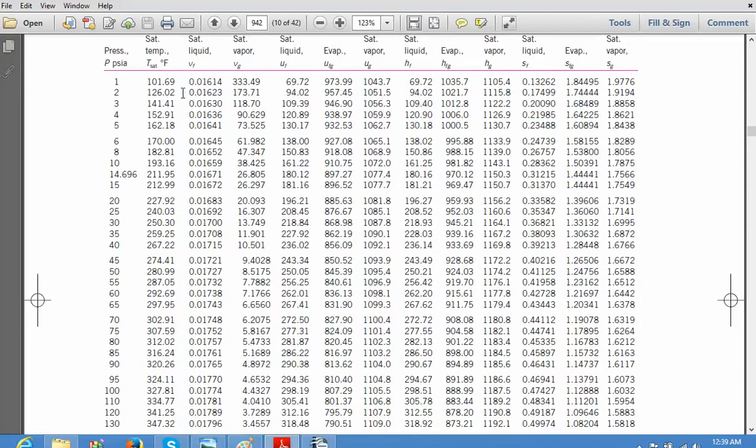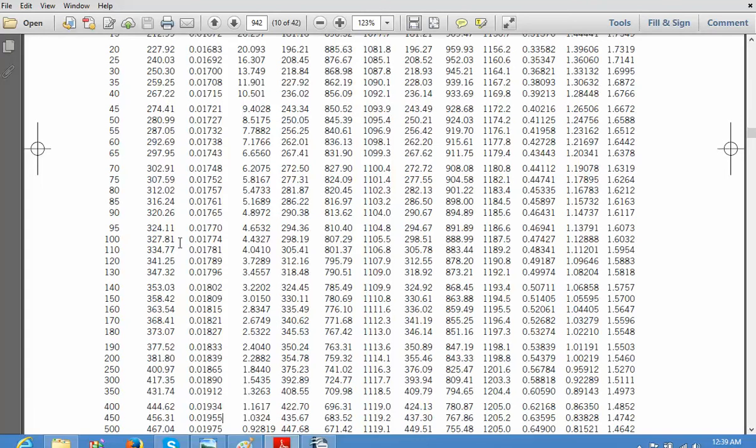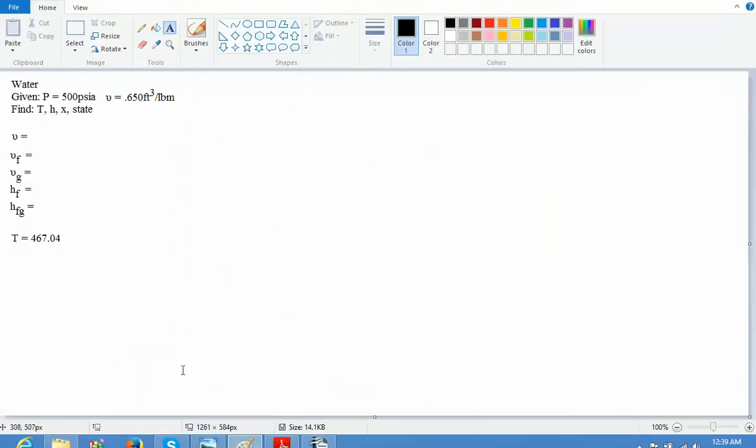Saturated liquid is here in the third column, saturated vapor in this fourth column. We go down to 500, which is right here. So this is Vf and then Vg. Then I'll put these values in.